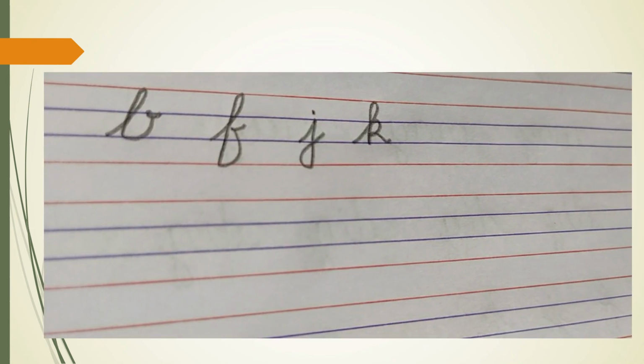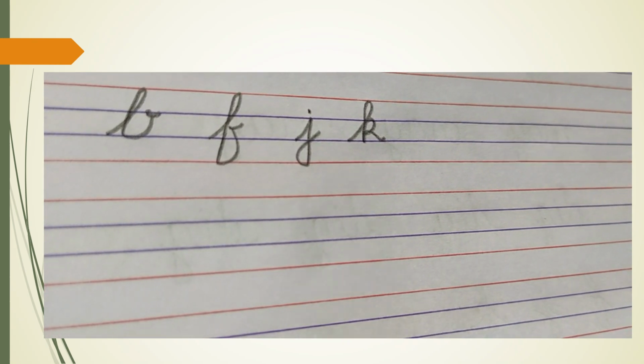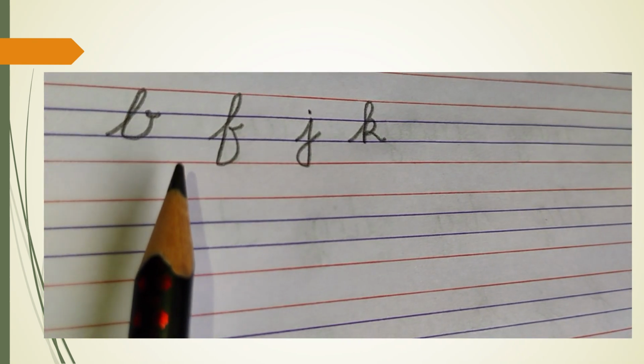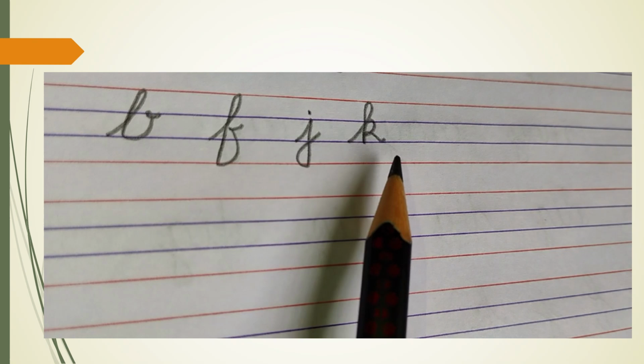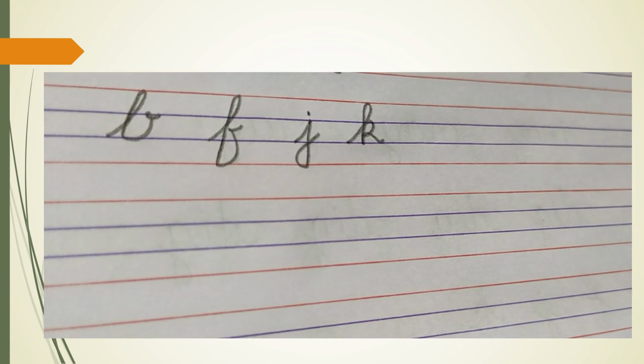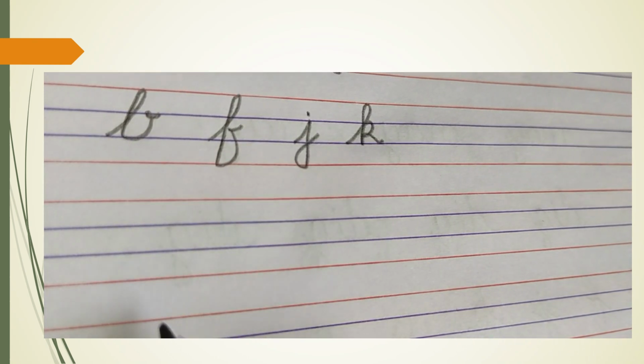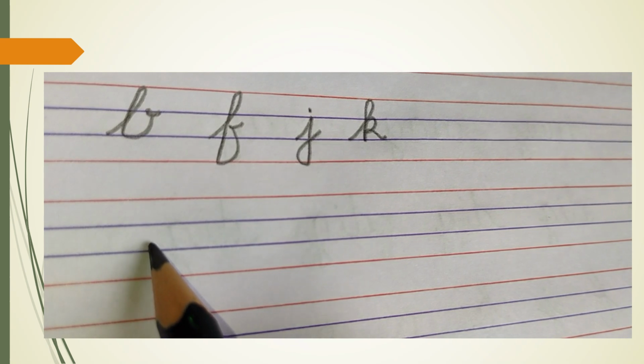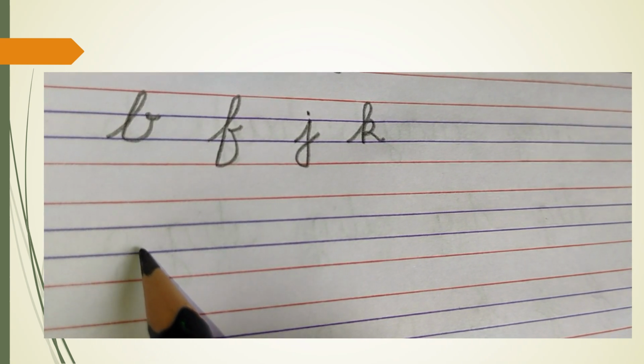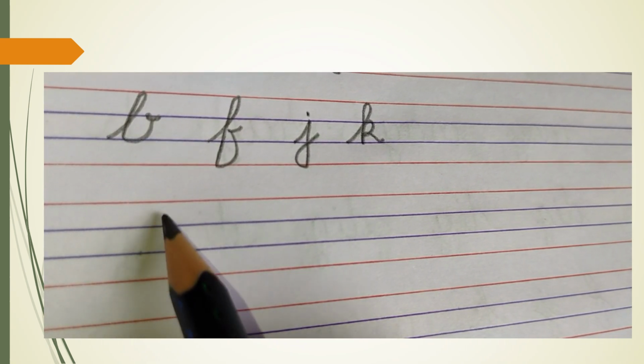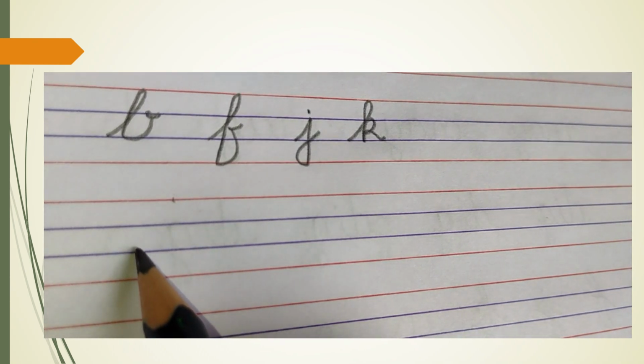Hello everyone. Today we are going to learn these alphabets B, F, J and K using our old patterns. Let's try from B. Take a curve from line 3rd, go up to touch to the first line.